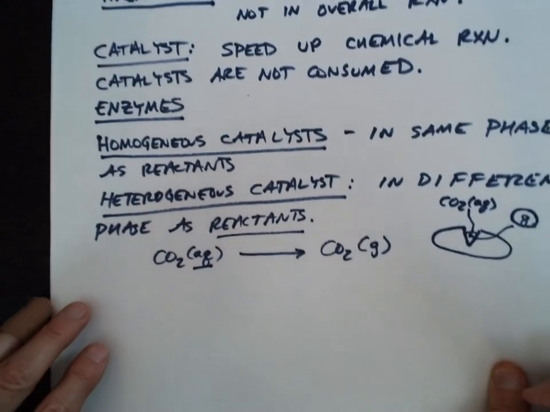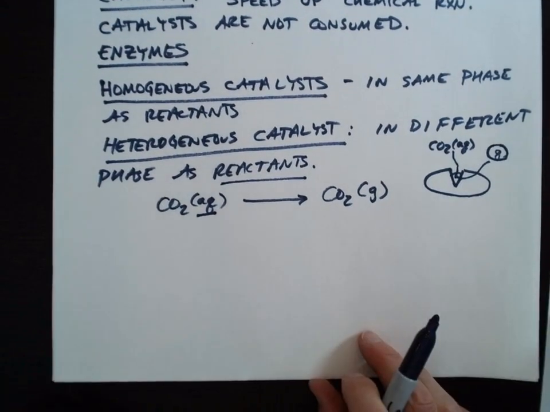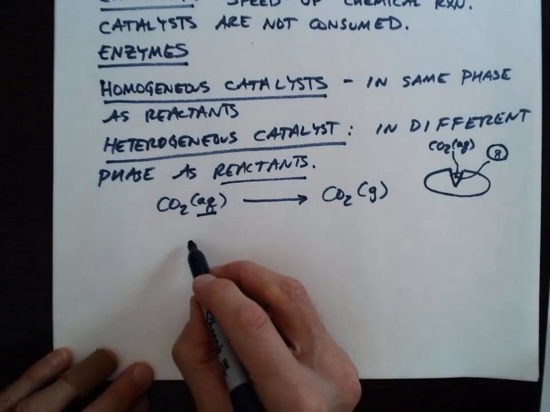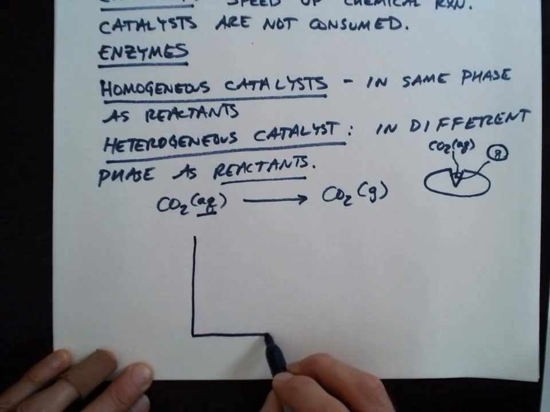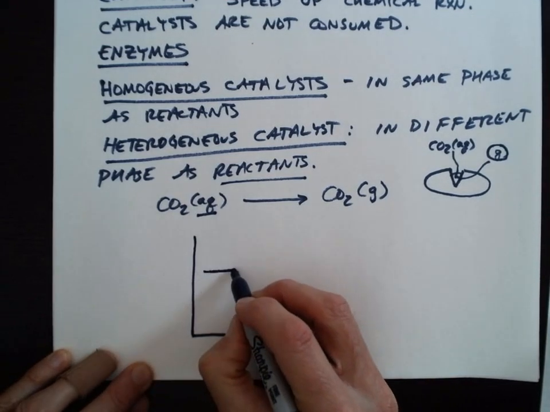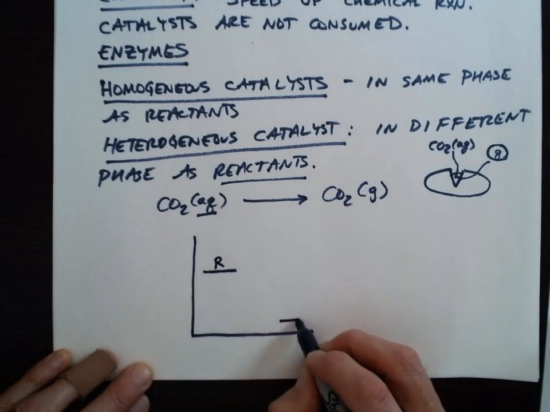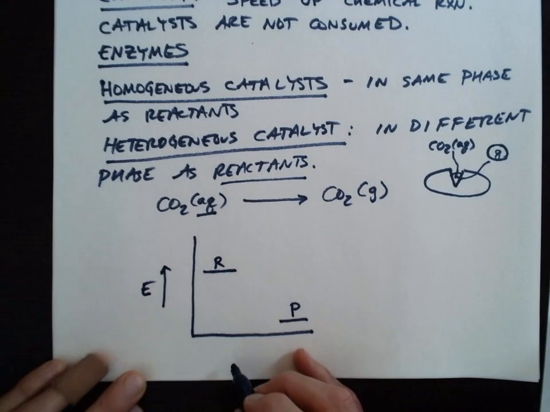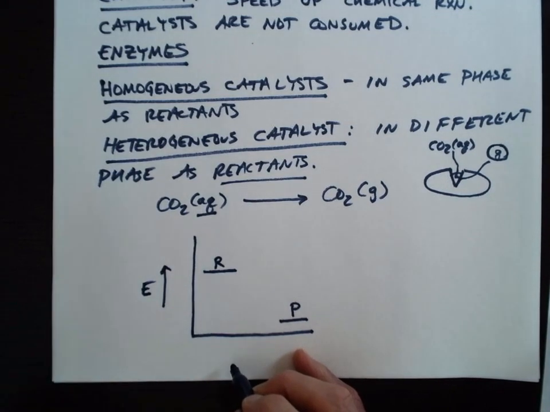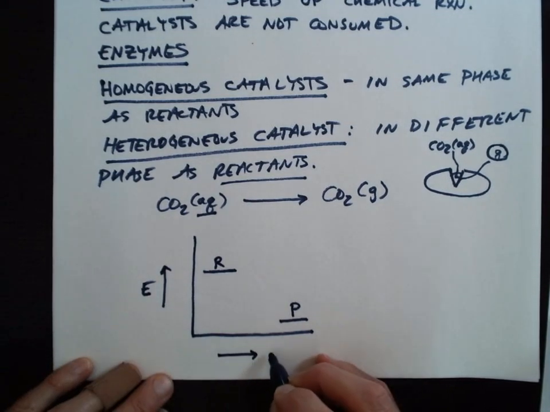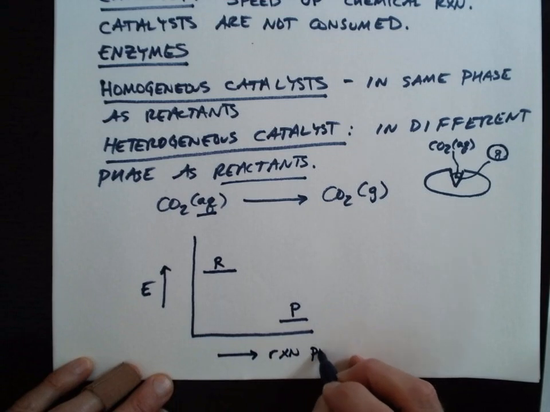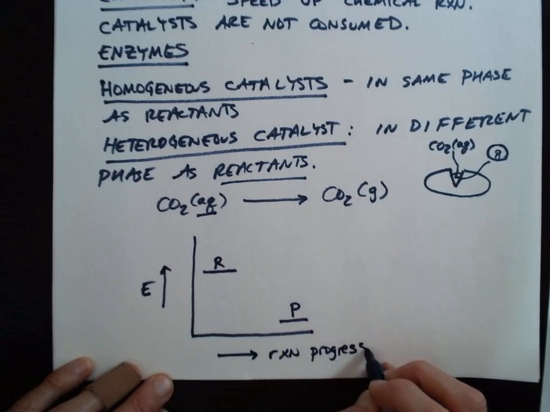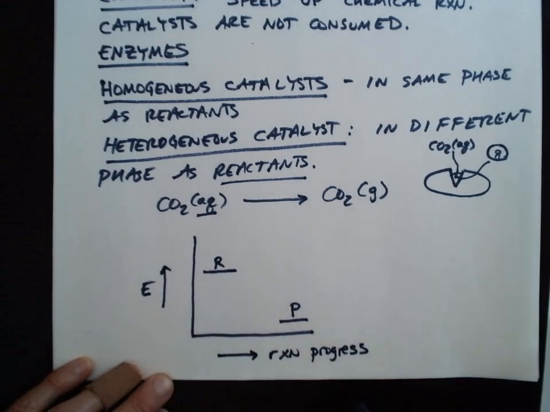And catalysts act by lowering the activation energy of a reaction. So if we have a reaction here, remember we go from reactants to products, and this is energy on this axis, and this is how far the reaction has proceeded. So we call this reaction progress. Of course, as the reaction progresses, it goes from reactants to products.